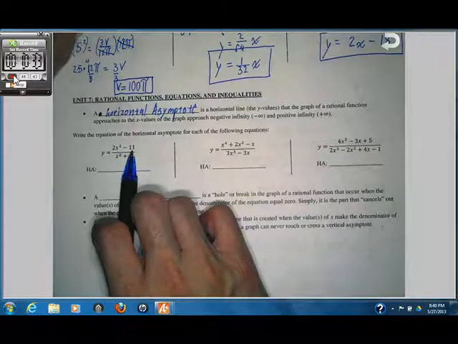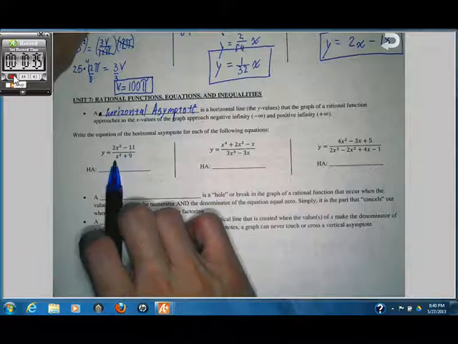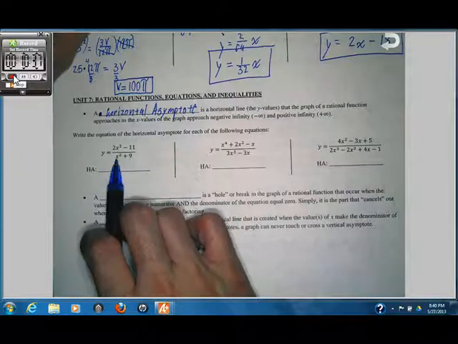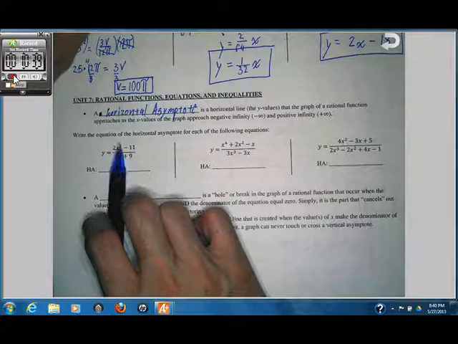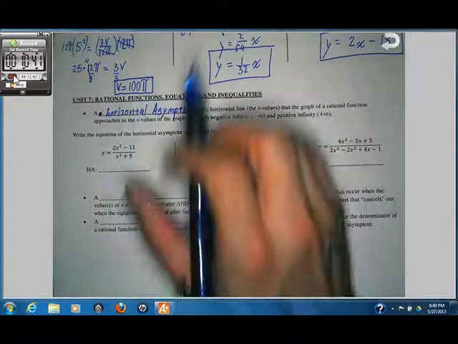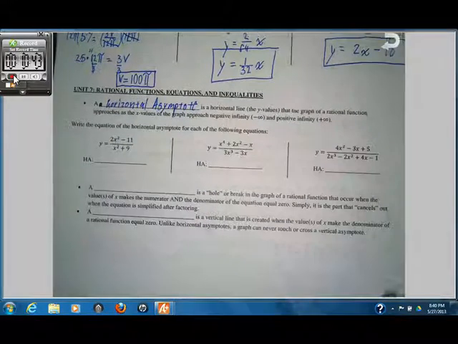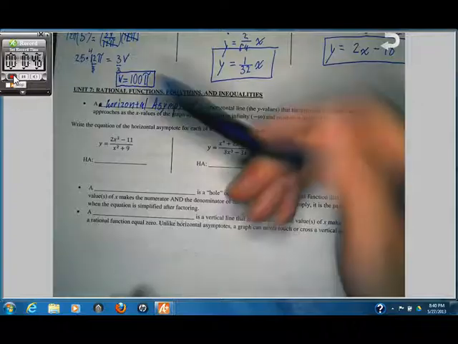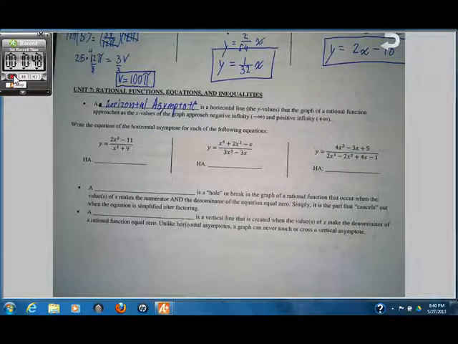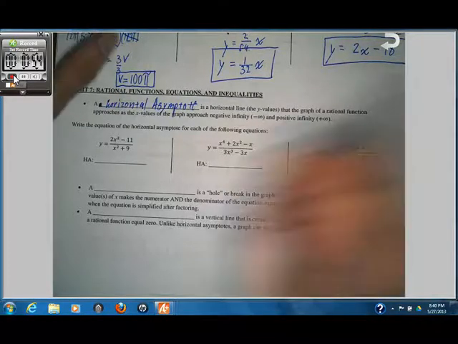So in the end, because the degrees of the numerator and the denominator are the same, because these are both x squared terms, your horizontal asymptote is the ratio of your coefficients. Well, in this case, your numerator coefficient is 2 and your denominator coefficient is 1. So your horizontal asymptote is that y is equal to 2 over 1, or quite simply that y is equal to 2. That's it.